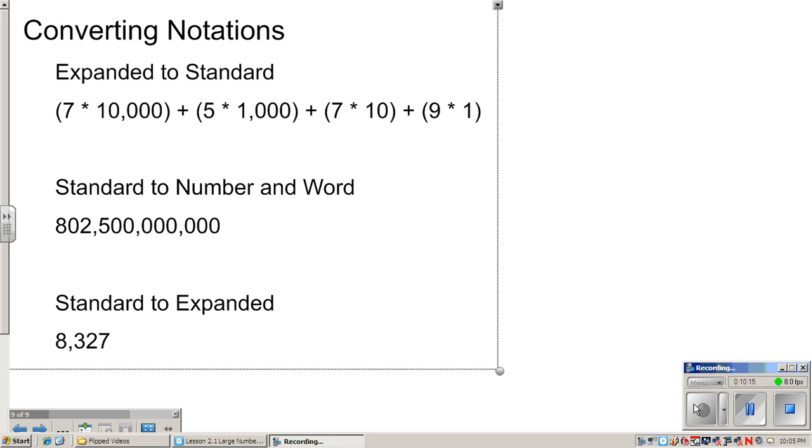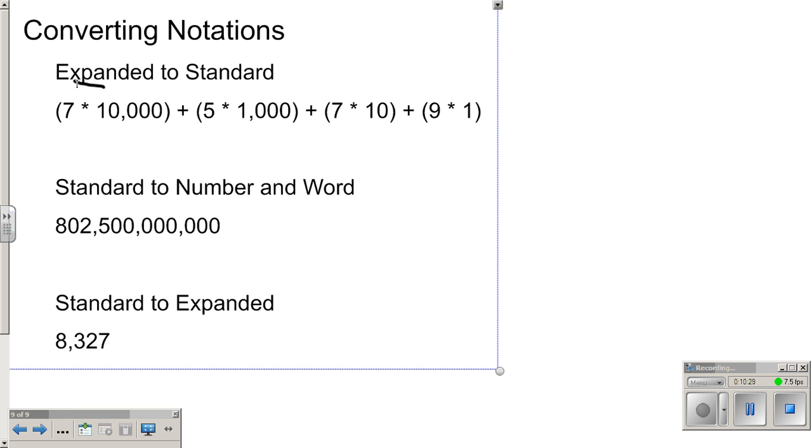All right, and the last thing I want to cover today is converting our notations. Converting our notations is basically taking one type of writing of a number and changing it into another. In this case, we are going to take expanded notation and convert it to standard notation. We're going to solve this equation just like any other equation with parentheses. We'd start with the numbers within the parentheses.